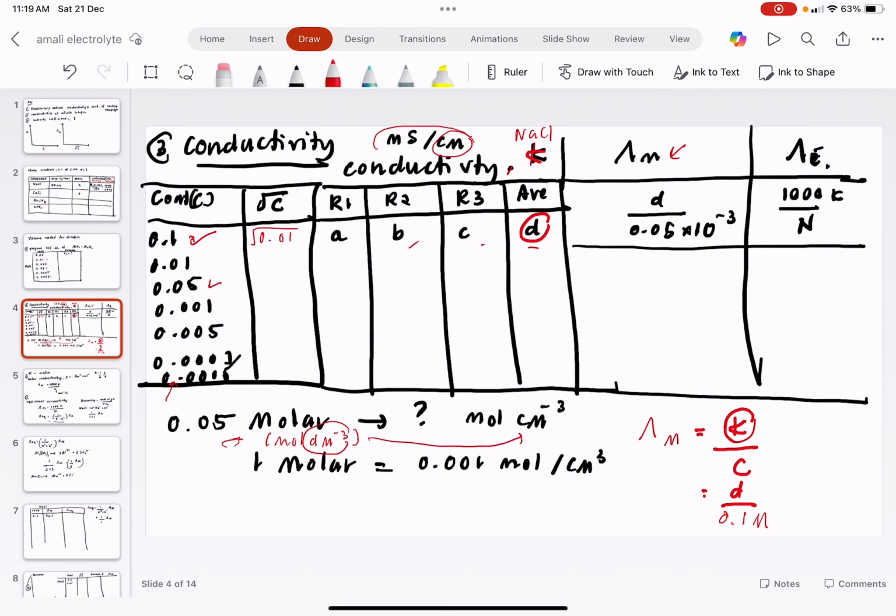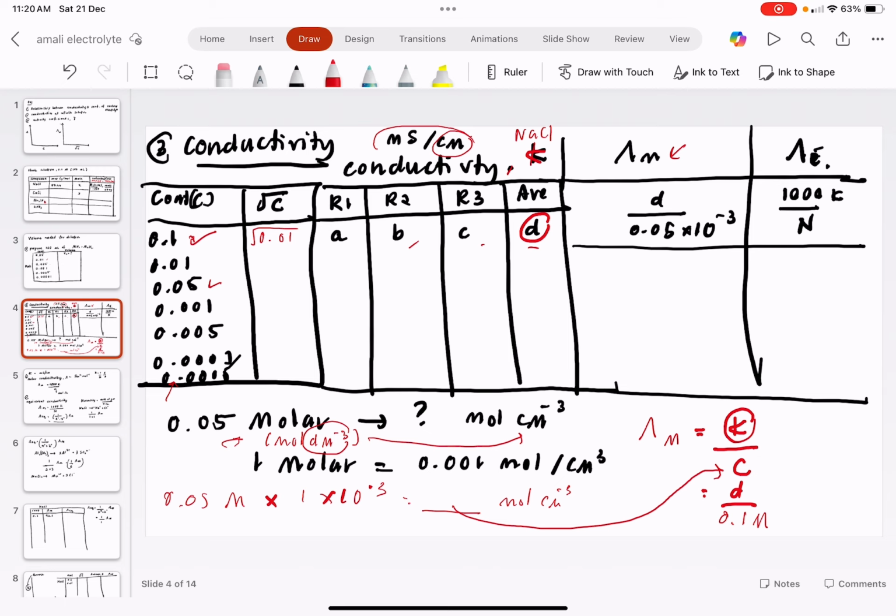So what you can do is take 0.05 molar or whatever concentration you have and multiply by 1 times 10 to the negative 3 to get your value in mole per centimeter cube. Then you can plug it into these equations, and complete all the molar conductivity column. You divide by all the concentrations.